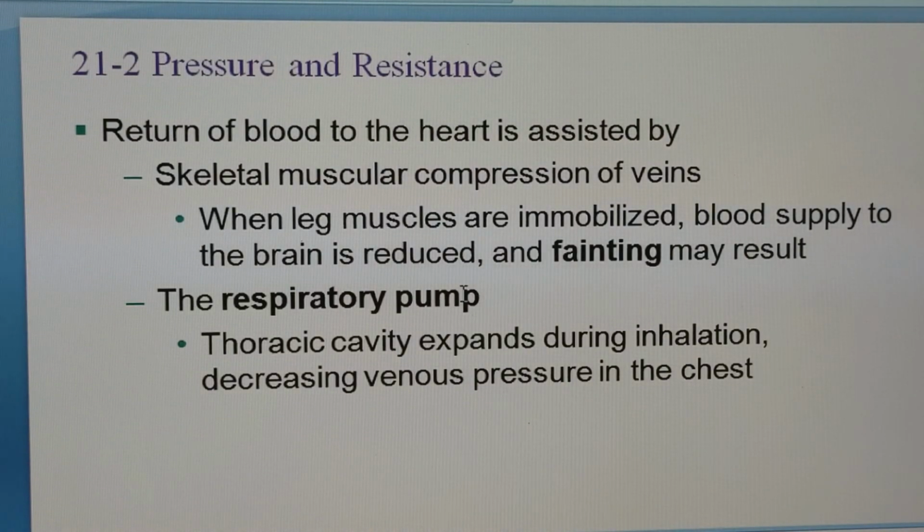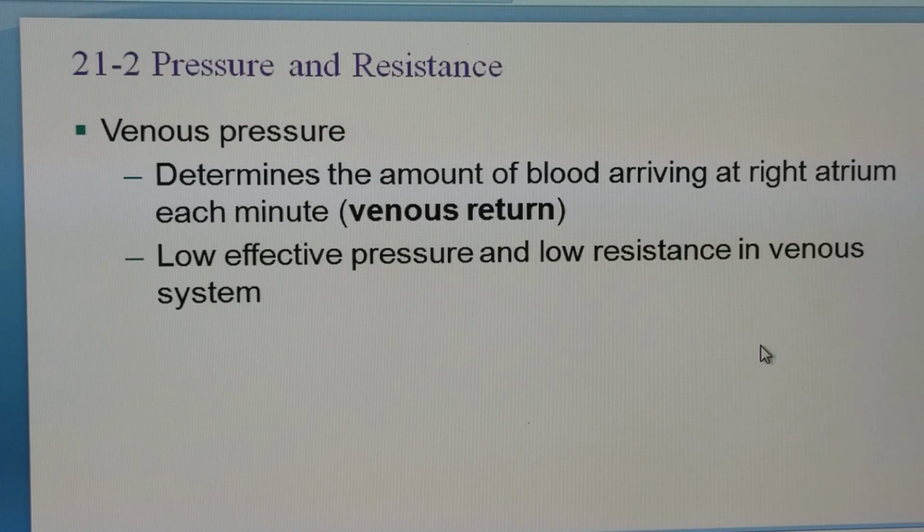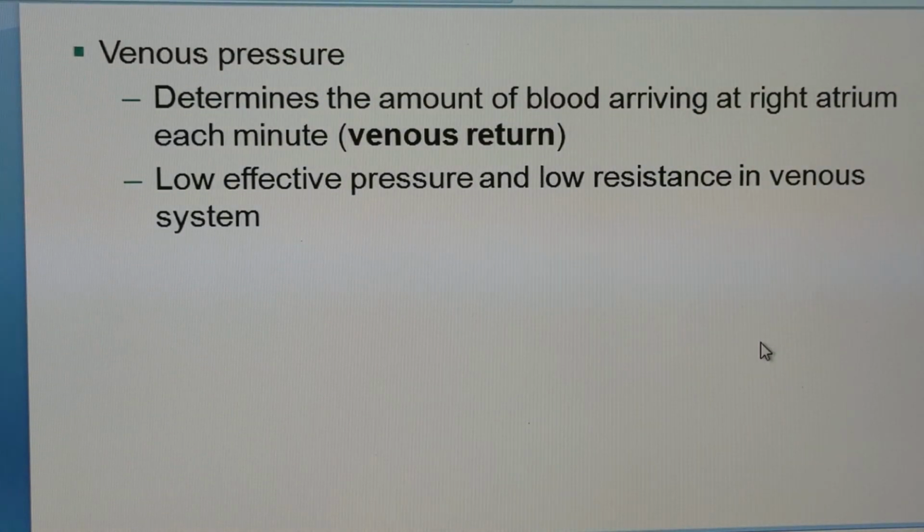The thoracic cavity expands during inhalation, decreasing venous pressure in the chest. So we have a negative pressure system based on the diaphragm contracting.